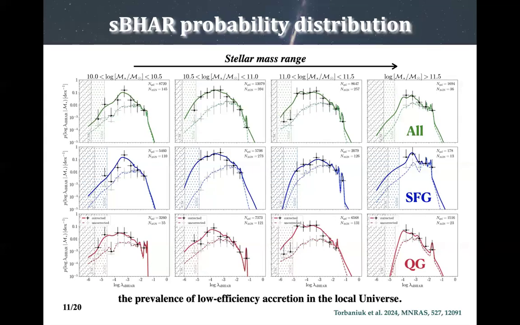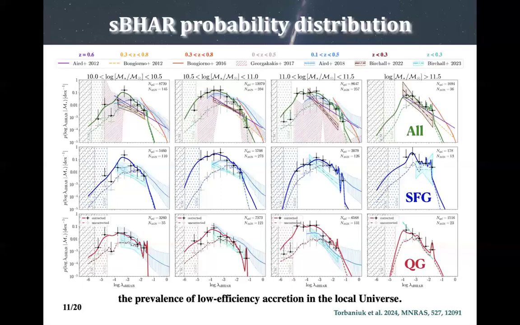If you compare the star-forming galaxies with the quiescent ones, you can see that star-forming galaxies peak a bit higher, so black holes in star-forming galaxies are a bit more efficient than in quiescent ones. Also, comparing this to results from other studies in the literature, the shapes are almost identical, but we are missing the part at the highest accretion rates.